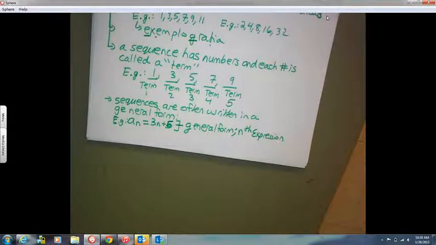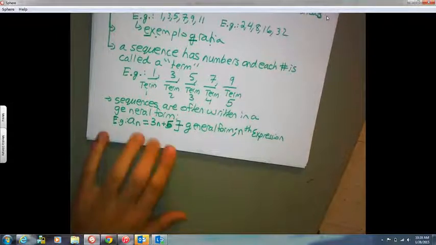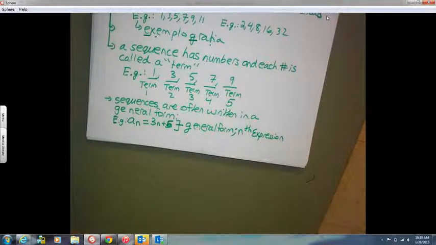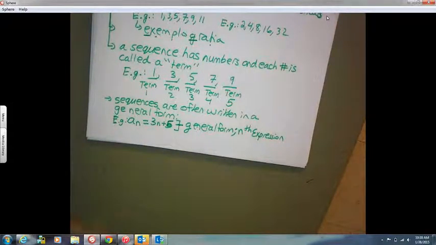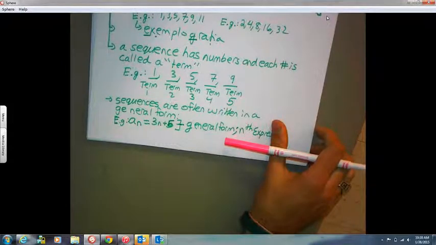Let me show you what I mean by this. So it says a sub n equals 3n plus 5. If I want to find the first term, a1 would be 3 times 1 plus 5, which would equal 8.